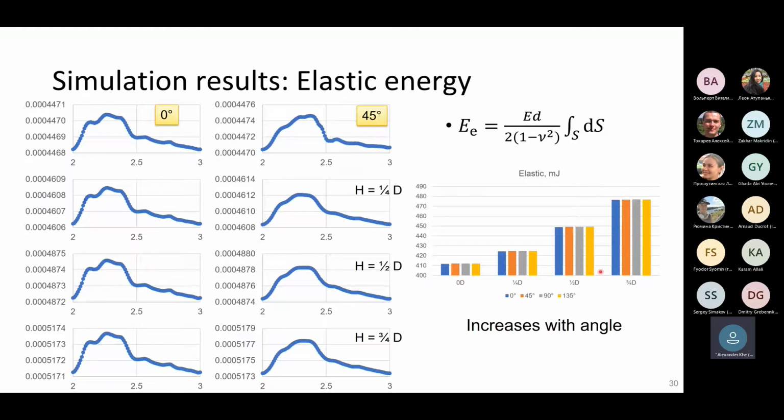Of course, with the growth of the bleb, the elastic energy increases as the surface of the system increases. But inside each group, we have a slight growth of the energy with angle. As the angle increases, the elastic energy also increases, which shows that the deformation of the membrane increases.